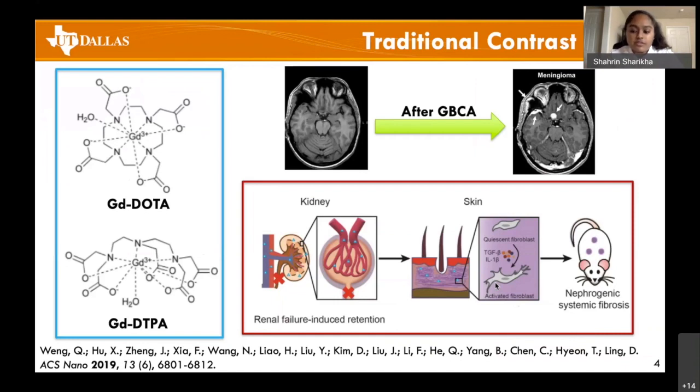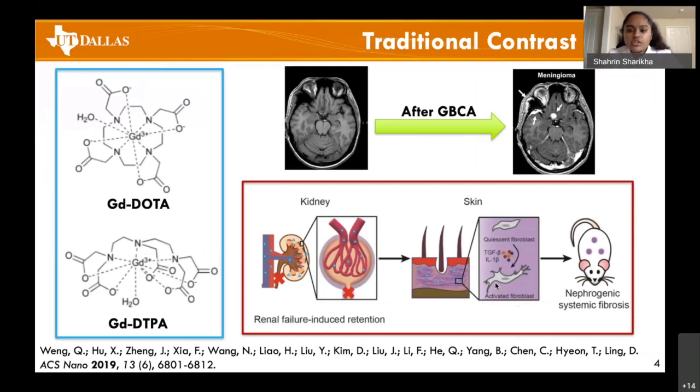One of the effects is nephrogenic systemic fibrosis. Recent investigation has also shown that GBCAs can accumulate in brain tissues and bones. Although there haven't really been any results as to how adverse these effects could be, current investigation is being done into that area.